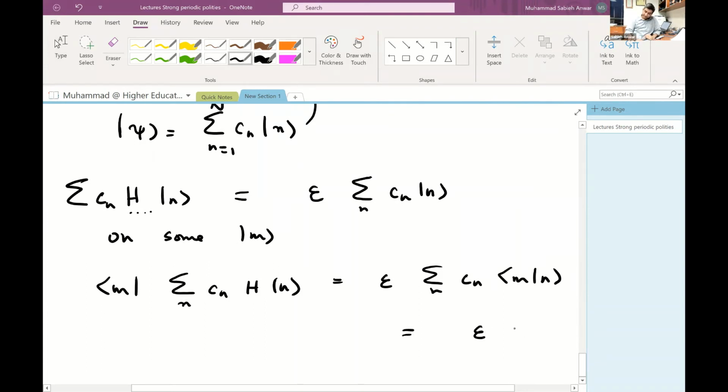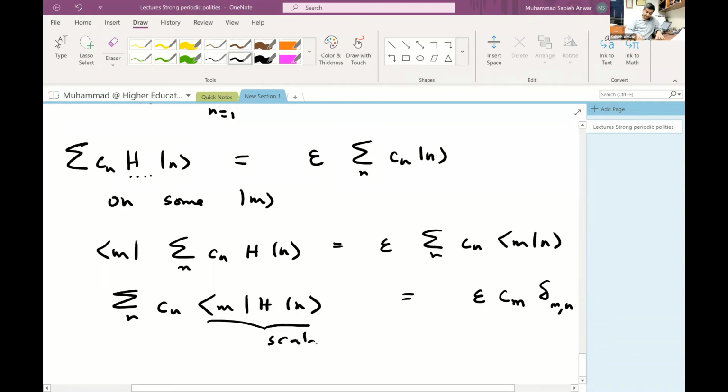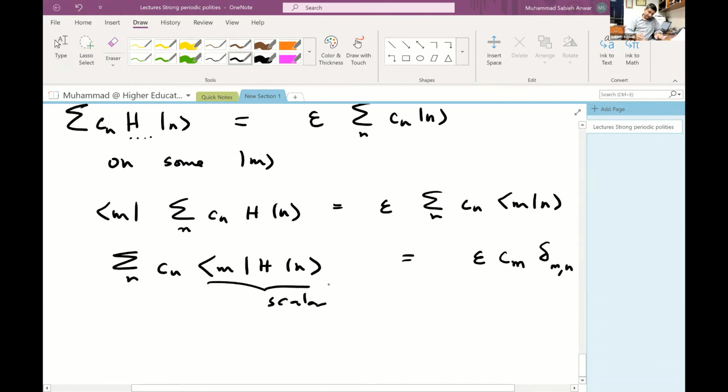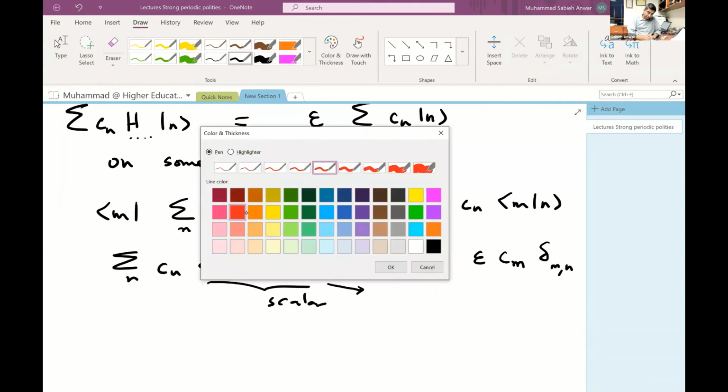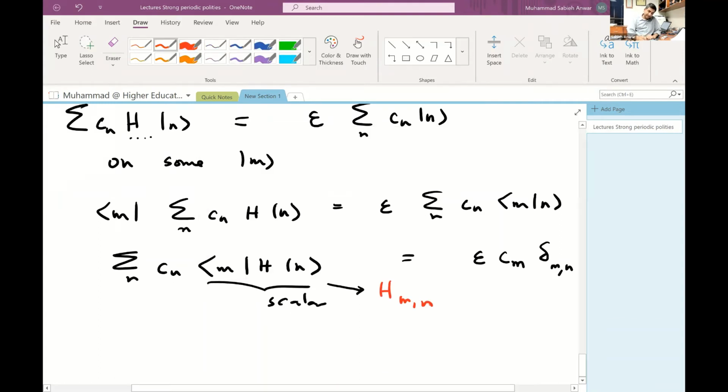This will give me epsilon Cm, with delta mn, where delta mn is the Kronecker delta, which is 1 only if m equals n, and the left hand side could be rewritten in this fashion. All right, so by the way, this is a scalar. It's a matrix element of the overall Hamiltonian, and we can write this down in shorthand notation as the mnth element of the Hamiltonian. So I can write the time independent Schrodinger equation in this form.